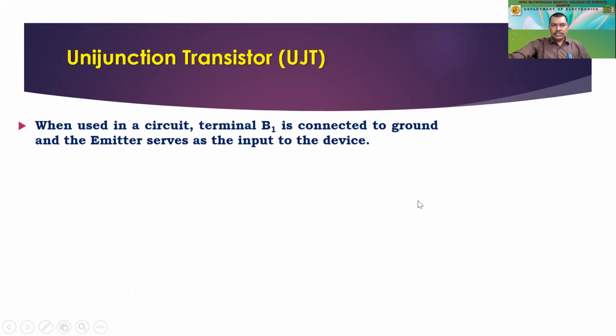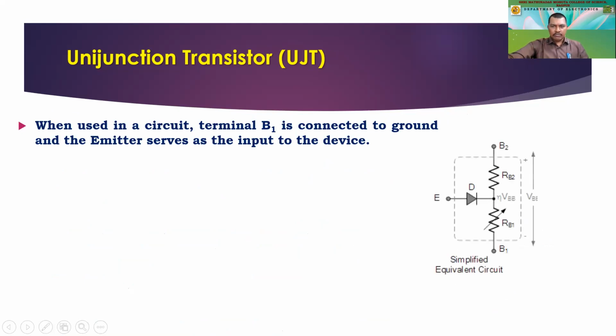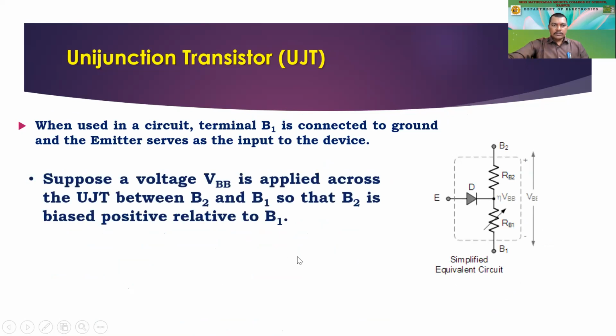Now, when the unijunction transistor is used in a circuit, terminal B1 is connected to ground. So the bottom base terminal B1 is connected to ground, and the emitter serves as the input to the device like this. Suppose a voltage VBB is applied across the UJT between B2 and B1, so that B2 is biased positive relative to B1.